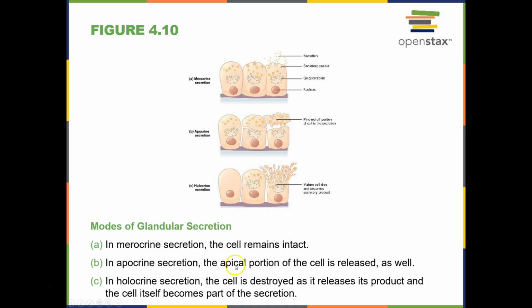In merocrine and in apocrine, the cells remain intact. The apical portion of the cell remains intact, or the basal portion of the cell remains intact, whereas in holocrine, the cell is destroyed and new cells are going to be produced. Okay.